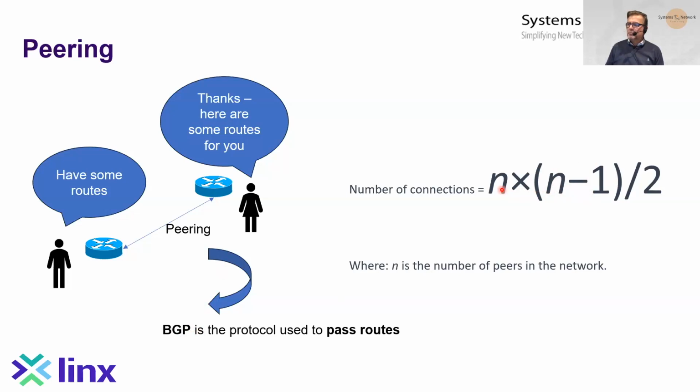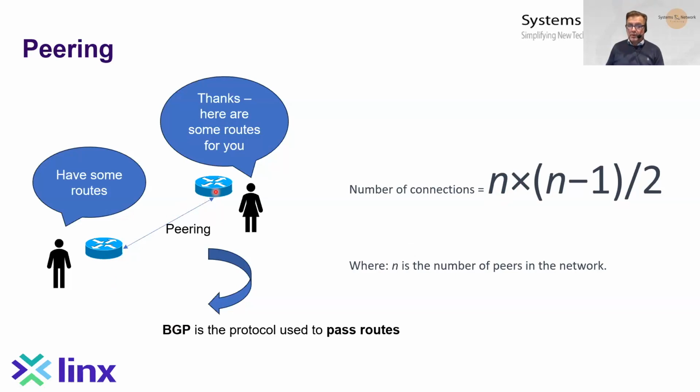If this number N were 50, so 50 internet service providers want to interconnect amongst themselves, then they would have to set up 1,225 connections to enable that to take place, which is obviously a large number. It means a lot of configuration. It means a lot of load on their routers.